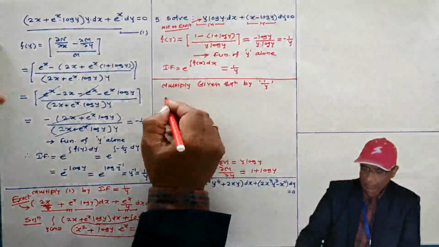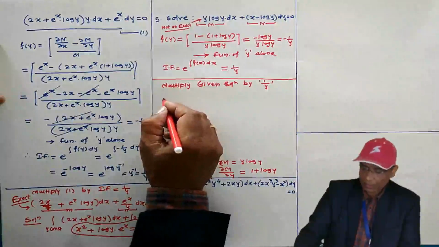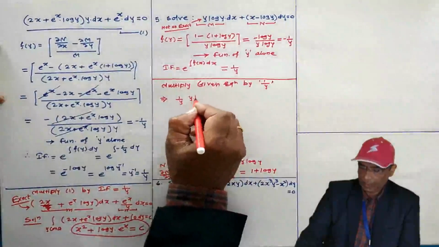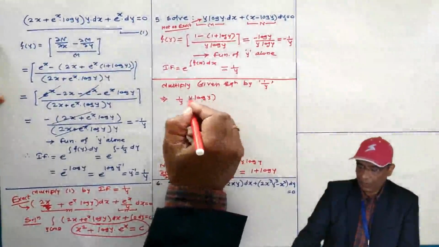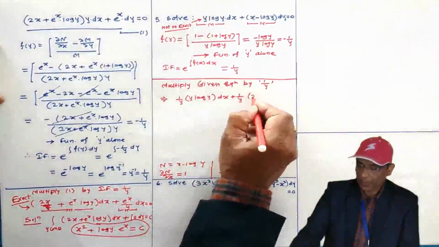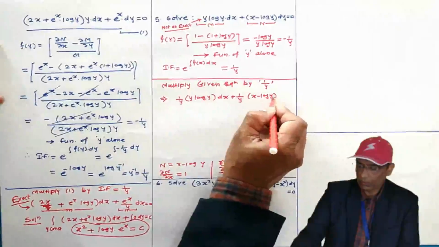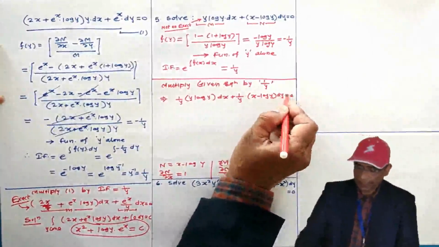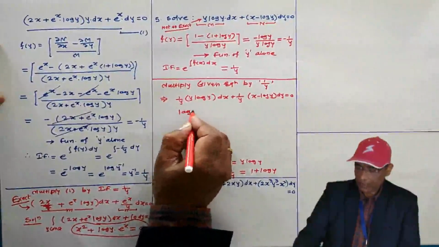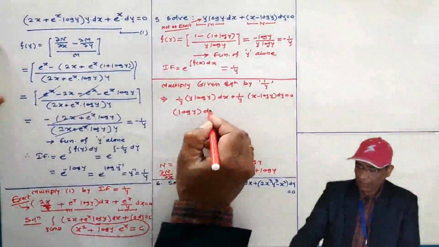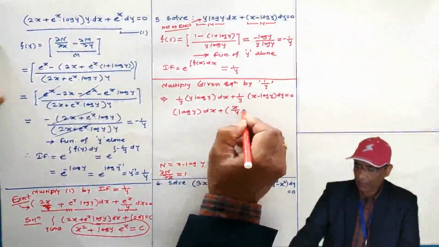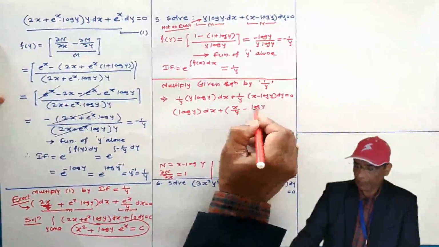The given equation becomes 1 by y, y log y dx plus 1 by y, x minus log y dy equal to 0. Multiplying this by 1 by y, this y gets cancelled, log y dx and x by y minus log y by y.